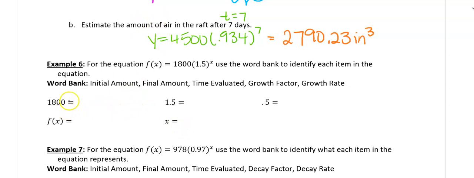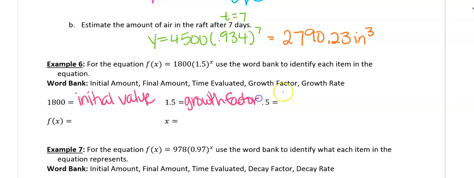So the 1800 is, and I hope you all got this, the initial value. The 1.5 is the growth factor. It's the factor that we're multiplying by because 0.5 is the growth rate. And it's really important to recognize that. The difference from one is the rate that it's growing by, the rate that it's changing.